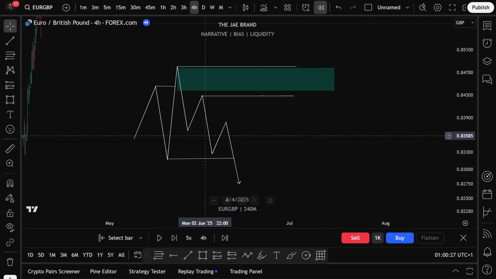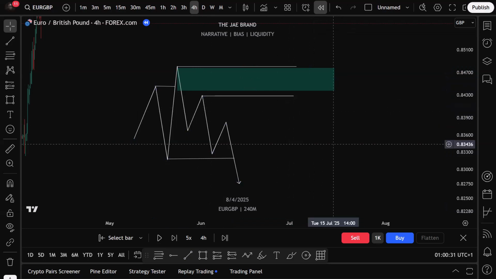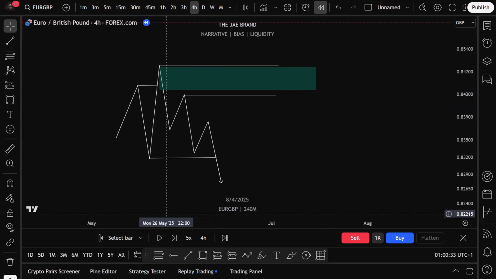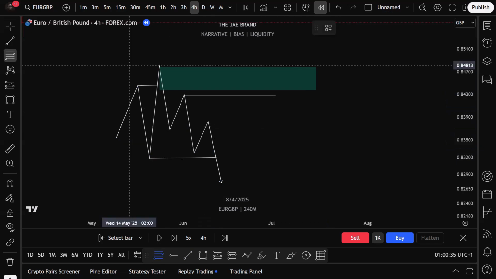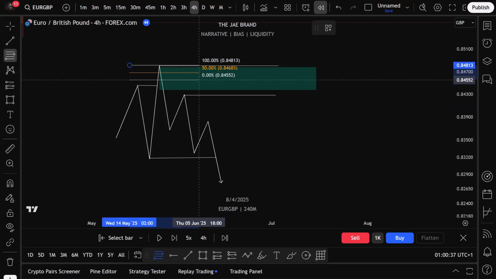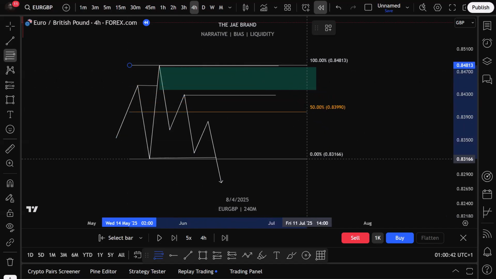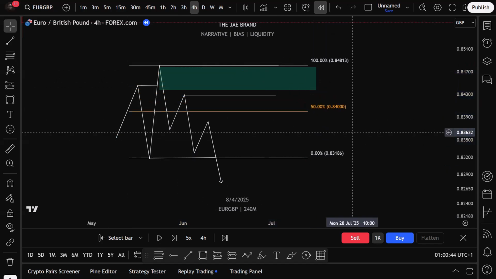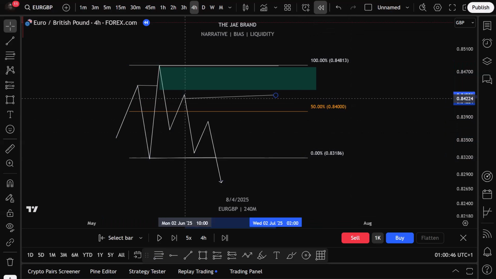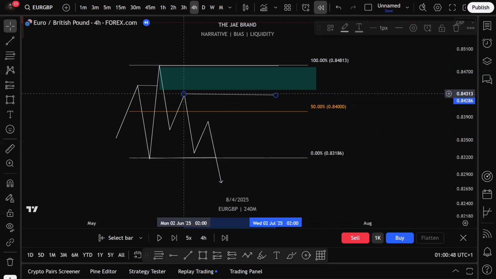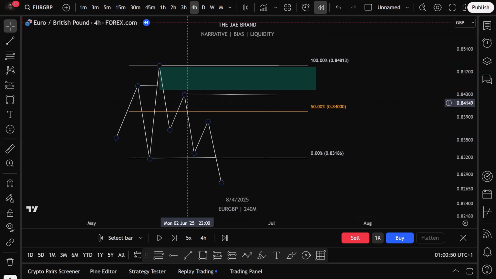And let's validate it. This is A-shaped. Are you seeing that it is very intentional and very obvious? You validate it by taking your fib to the last high, to the current break of structure. You can see our structural liquidity above the 50% area.